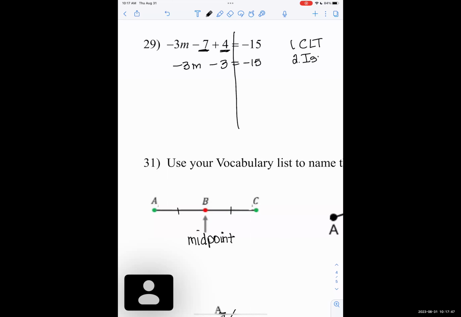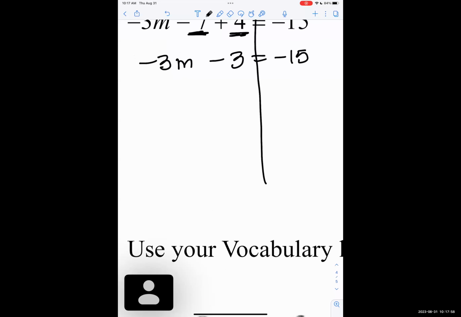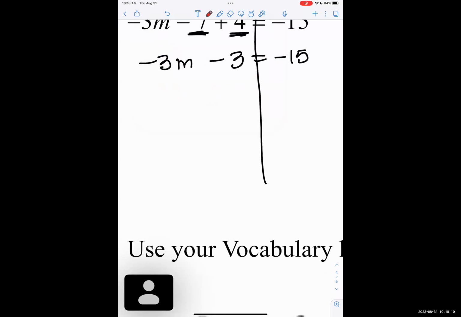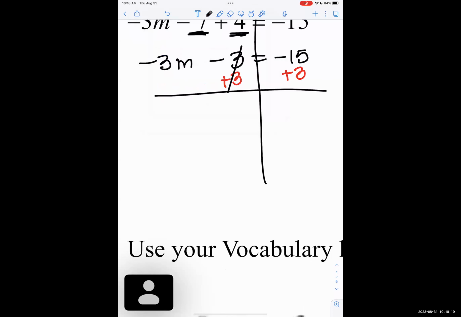The next step is to isolate. Okay, Zoomers, what do we do next? Add 3. Cancel.